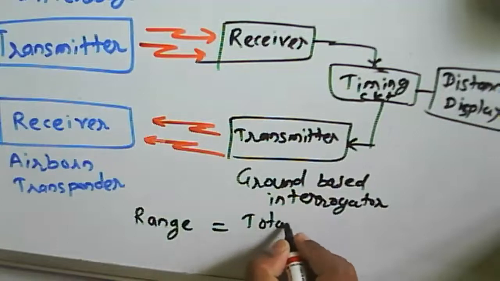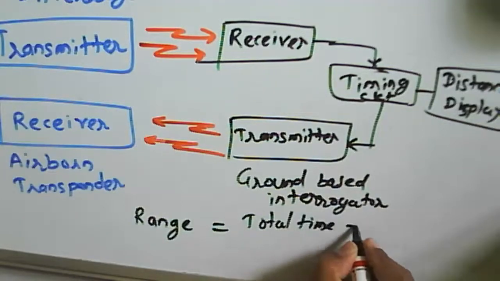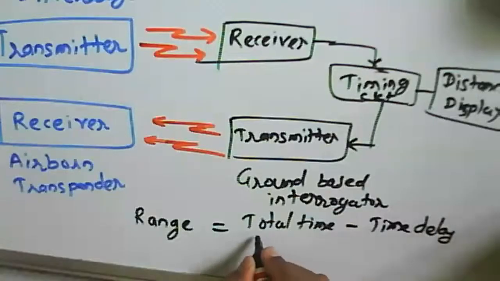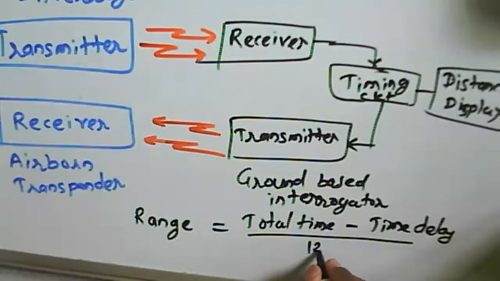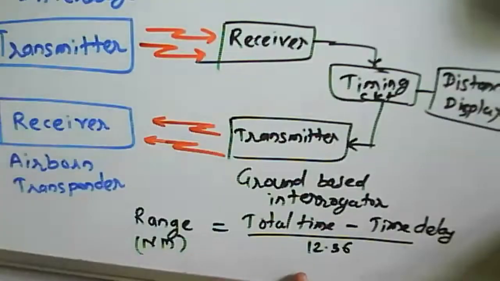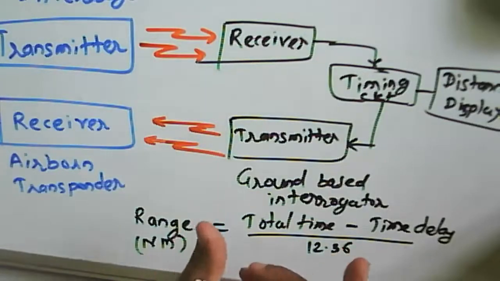In that case, total time minus the time delay, that is all in microseconds, 12.36. So we'll get the information in nautical miles. So that range will be calculated in terms of nautical miles. So generally it is used to measure the distance there.